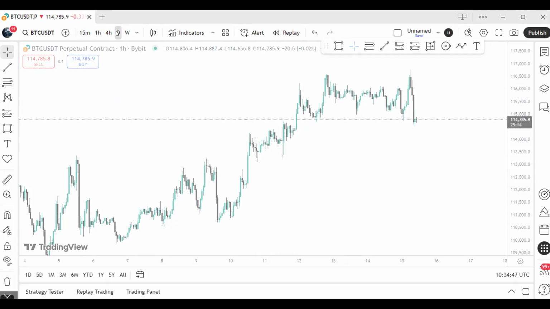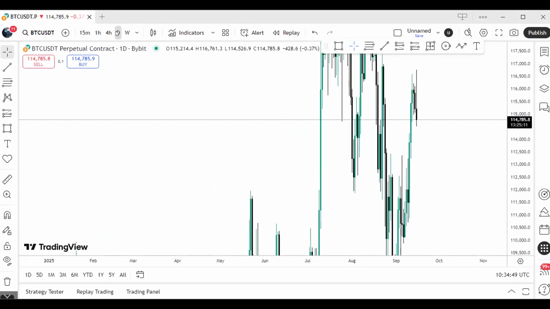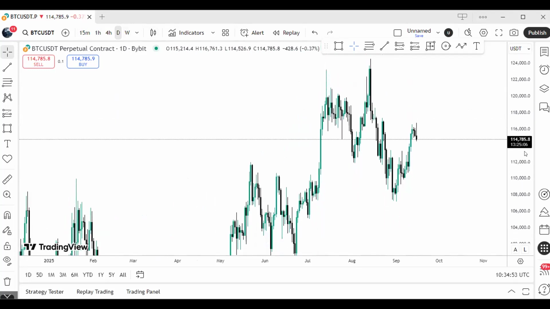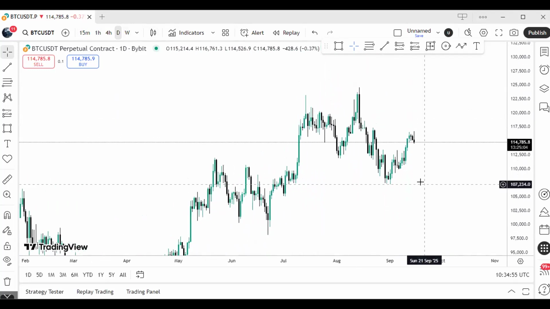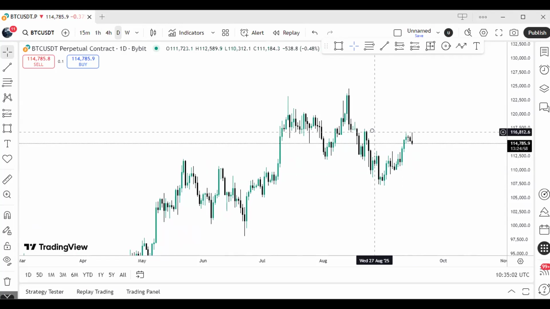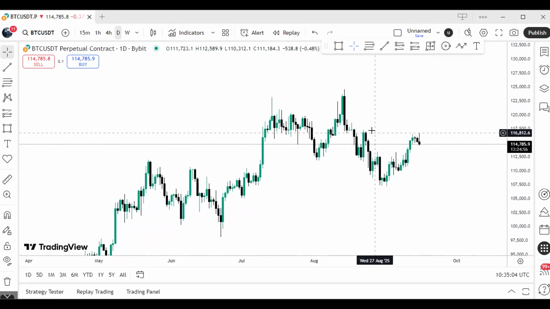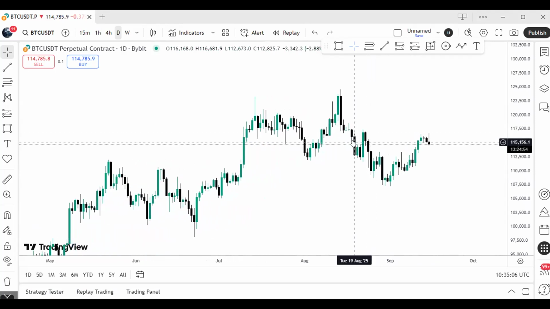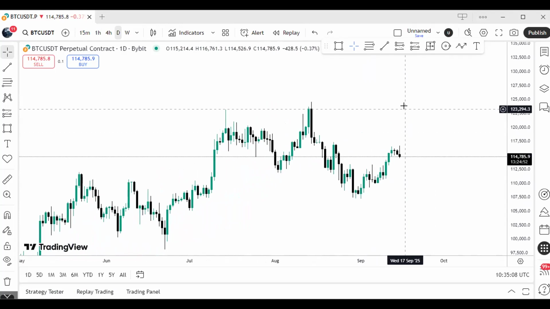All right, so this is my daily time frame, right? This is on BTC USDT. So this is my daily time frame. And as you can see here, these are the parameters I use to identify my edge. The market has switched from an uptrend to a downtrend, right? I'm not going to explain what I saw before telling you that the market is in a downtrend right now.